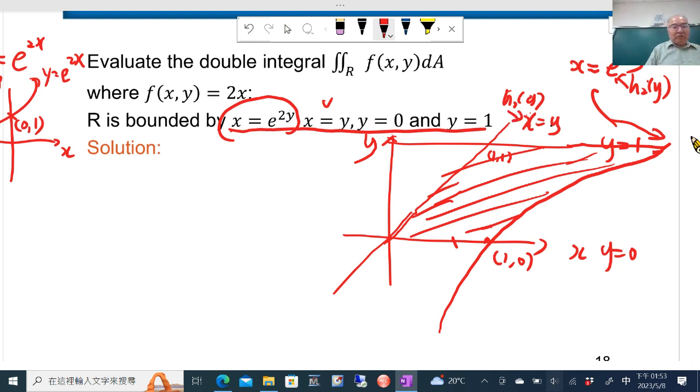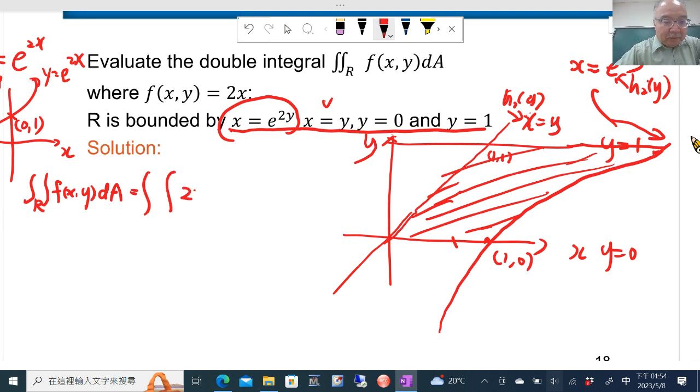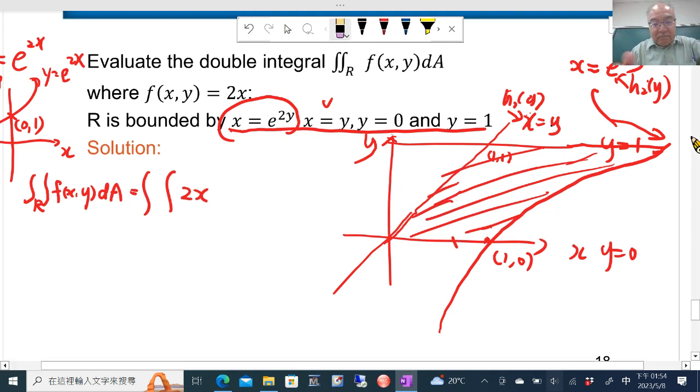Okay, so our integration certainly become 2x, and now we should fix y and integrate on x only in the first step.